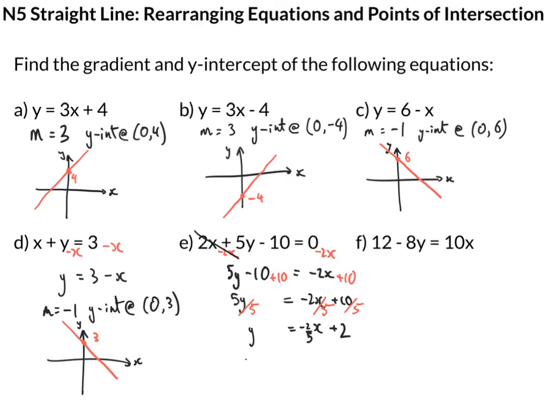So I have a gradient of negative 2/5, because that is the coefficient of my x term. The 2 is on its own, so my y-intercept is at 0, 2.